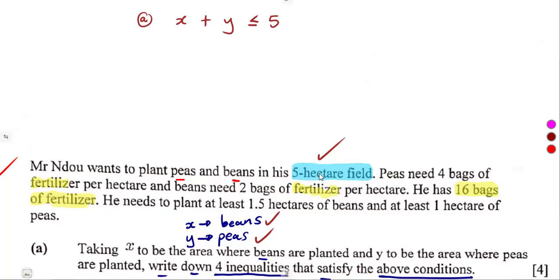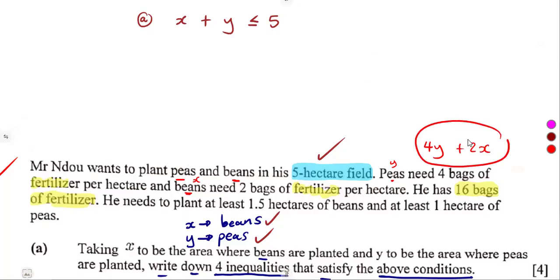Then let's go to the fertilizer now. Peas, which is Y, need 4 bags, meaning 4Y, of fertilizer. And the beans, which is X, need 2 bags, meaning 2X.